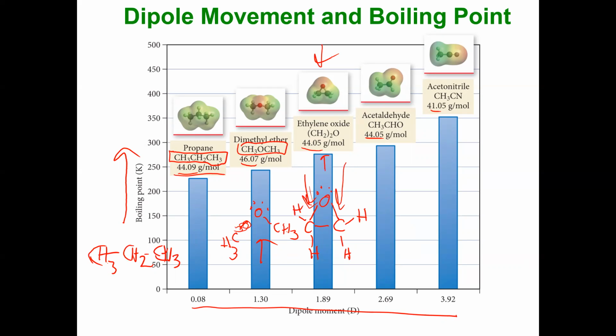When I go to acetaldehyde, what do I notice? I have a CH3, and now I have an aldehyde, which means I have that carbonyl on the end. So again, this has a lower molar mass than the dimethyl ether.